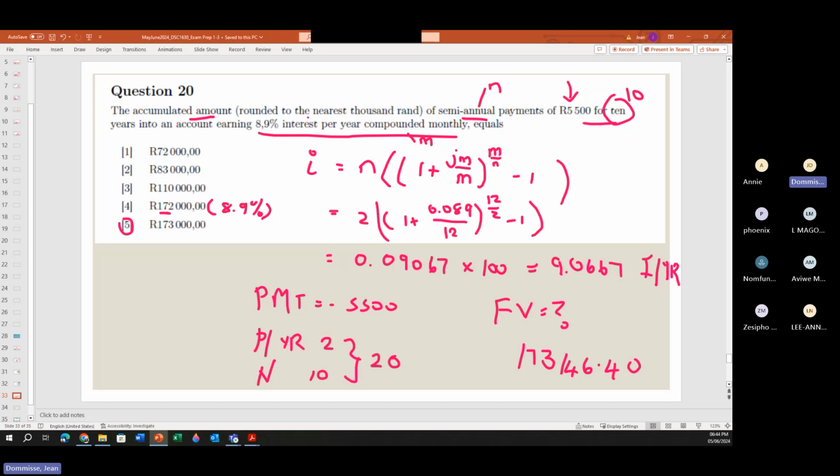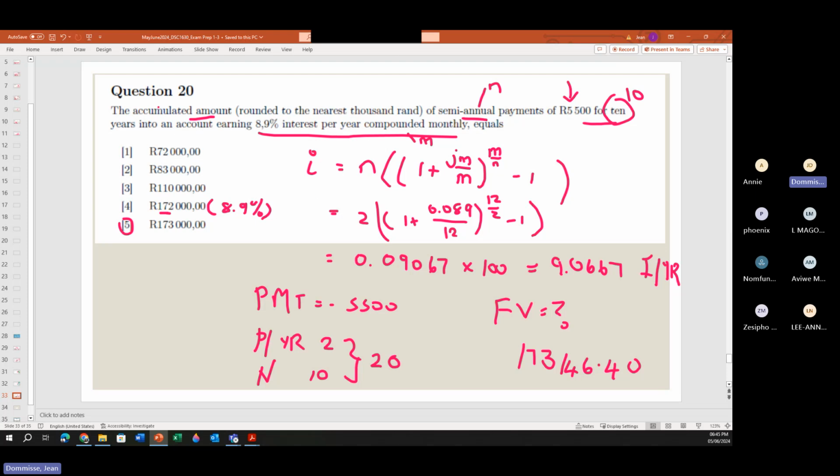If we needed to work out the present value with this information, we would have been able to select option one. So to some students it is asked to work out the future value, to some students the present value. So when you go through this again, test some other possibilities as well.